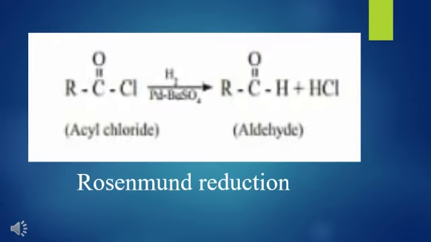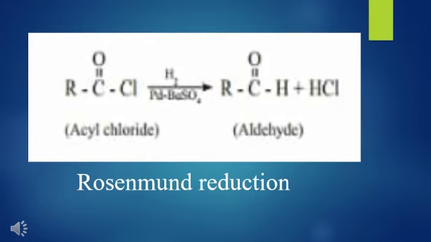In the Rosenmund reduction reaction, acyl chloride, RCOCl, reacts with hydrogen in the presence of palladium poisoned with barium sulfate. It gives aldehyde, which is RCHO, plus hydrochloric acid.